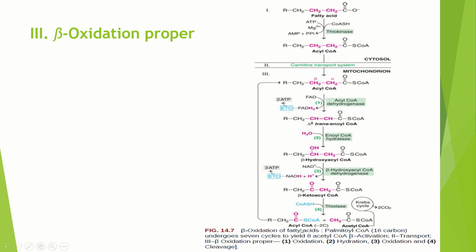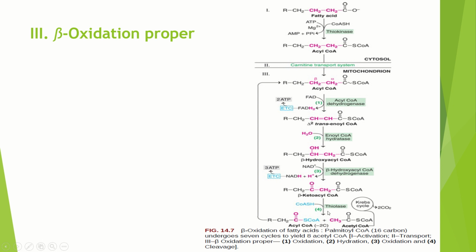And how about the acyl CoA which is formed as the product of beta oxidation? It will again participate in the beta oxidation proper. This step depends on the length of the chain.